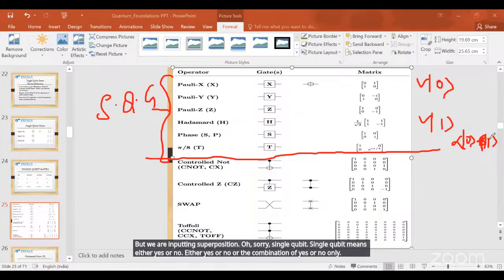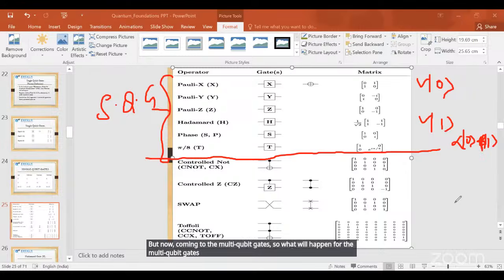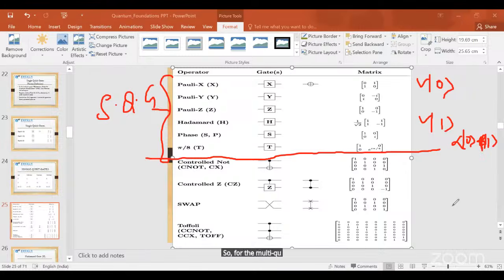But now coming to the multi-qubit gates. What will happen for the multi-qubit gates, when there will be multiple states? For the multi-qubit gates, we first require the input matrix.